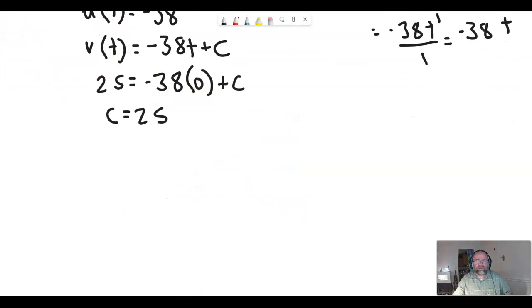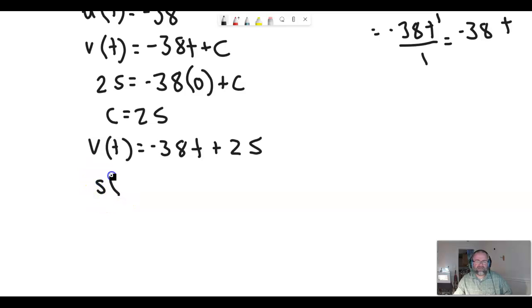So now I can go back and rewrite my velocity function. v of t is equal to negative 38t plus 25. Now we're ready to take the antiderivative of this, which will give us the position function.